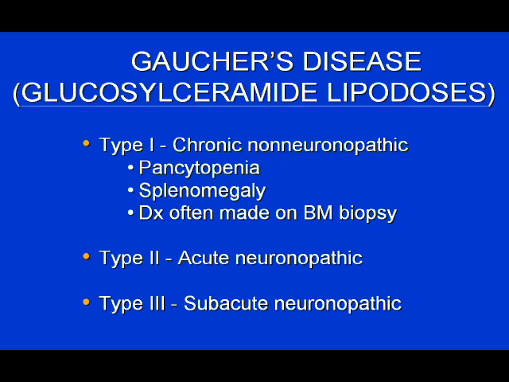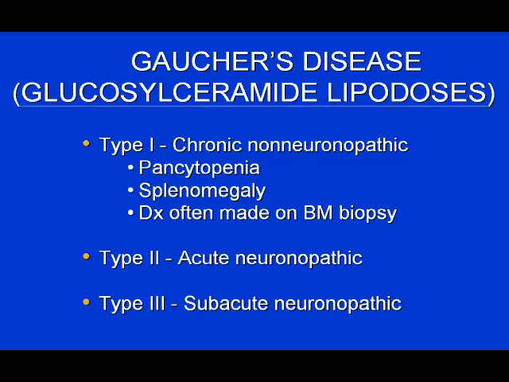Now, the first I'm going to talk about is the one that is the most common, actually, and the one that can be diagnosed and often is on the basis of a bone marrow biopsy as the first tissue or the first indication that the patient has Gaucher's. There are three types of Gaucher's disease. The one that we most often would encounter in the marrow and make a diagnosis of Gaucher's disease is type 1, or chronic non-neuronopathic Gaucher disease.